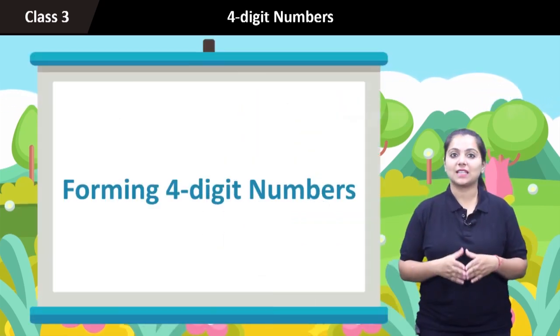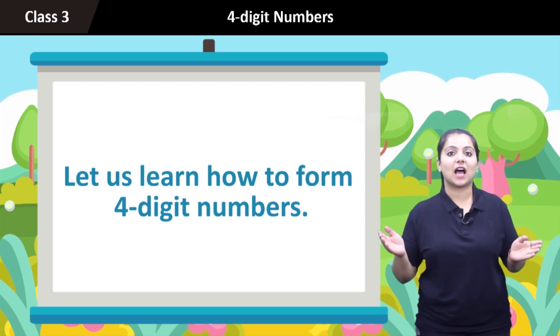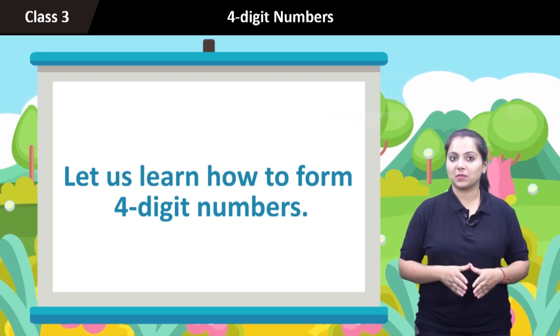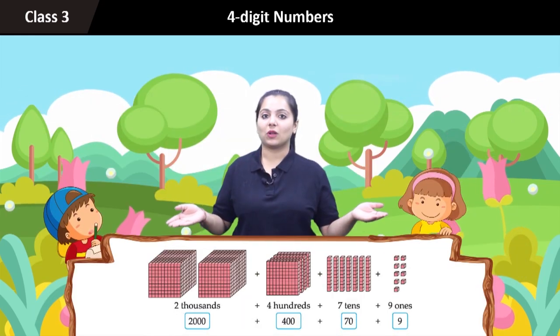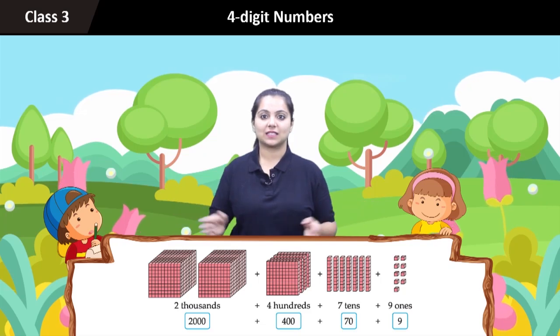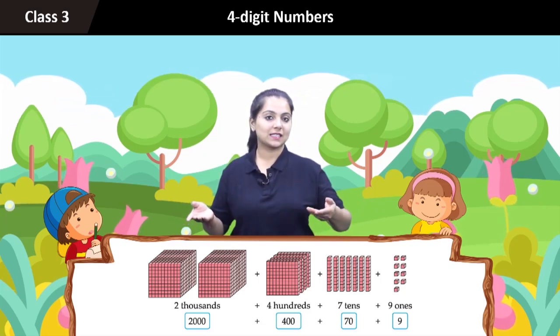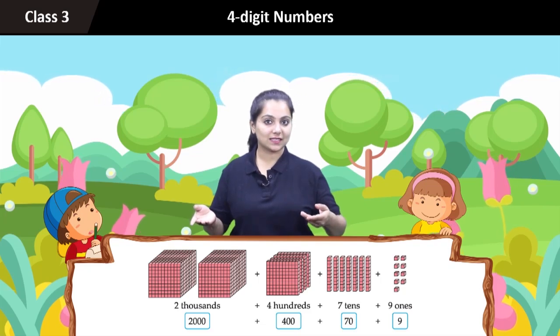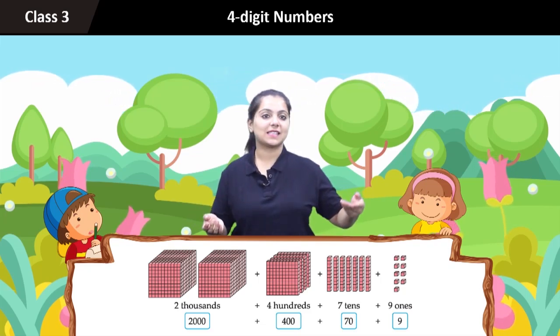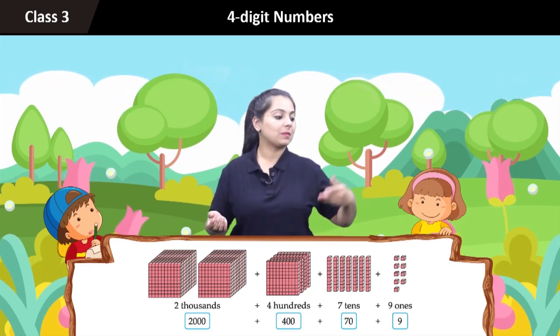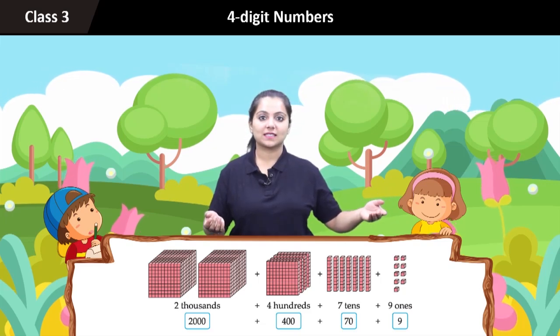Forming 4-digit numbers. Let us learn how to form 4-digit numbers. Look at the following examples. 2 thousands plus 4 hundreds plus 7 tens plus 9 ones.